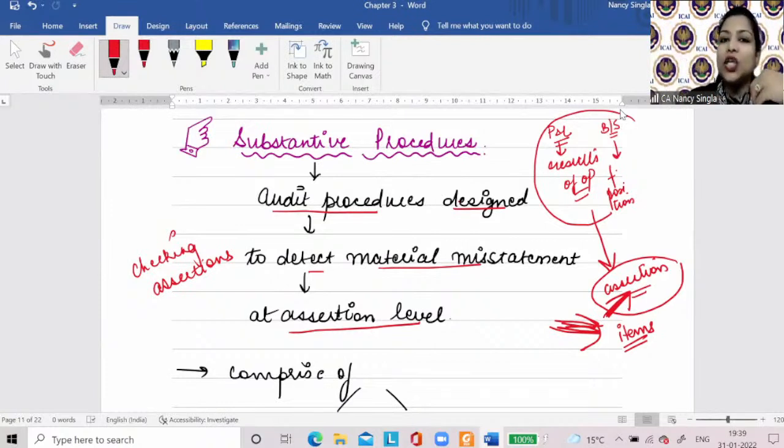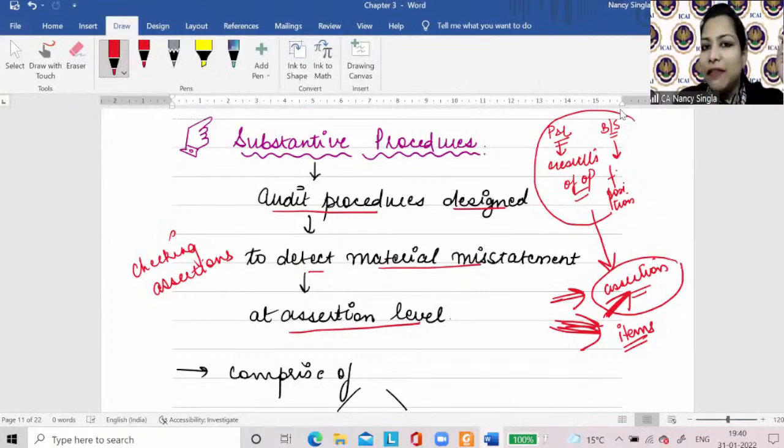So when I as an auditor now know what the risk of material misstatement is, and I also know whether the internal controls are operating effectively or not, based on my assessment of the risk of material misstatement and of the operating effectiveness of controls, I'm going to check each and every assertion that makes up the financial statement. Why? Because my overall objective is to give an opinion on the financial statement as a whole.